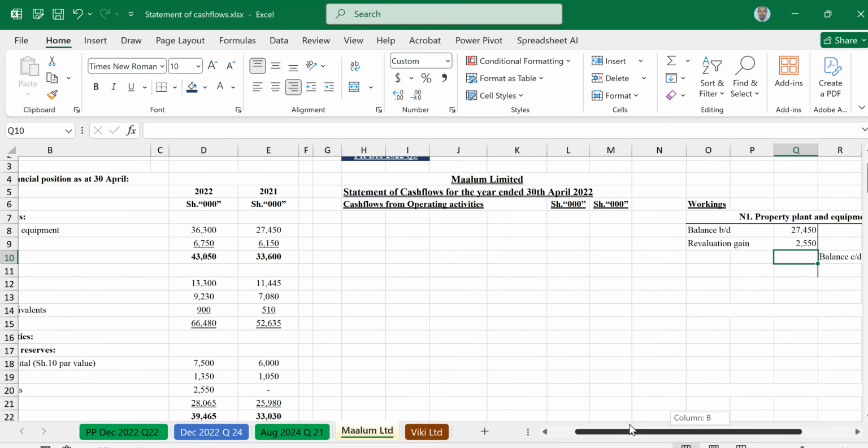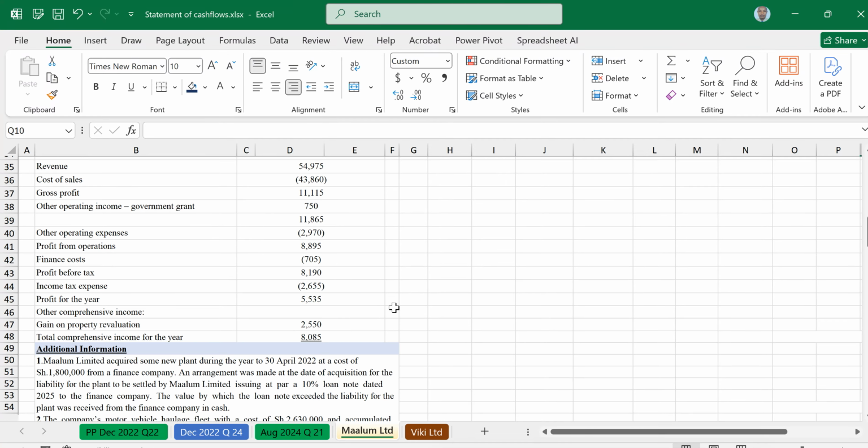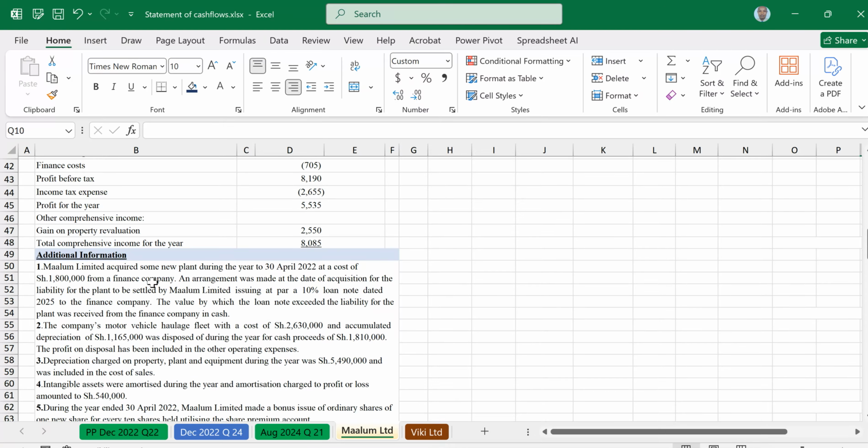Then additional information number one: Maalum Limited acquired some new plant during the year to 30th April 2022 at a cost of 1.8 from a finance company. An arrangement was made at the date of acquisition for the liability for the plant to be settled by Maalum issuing at par a 10% loan note dated 2025 to the finance company.